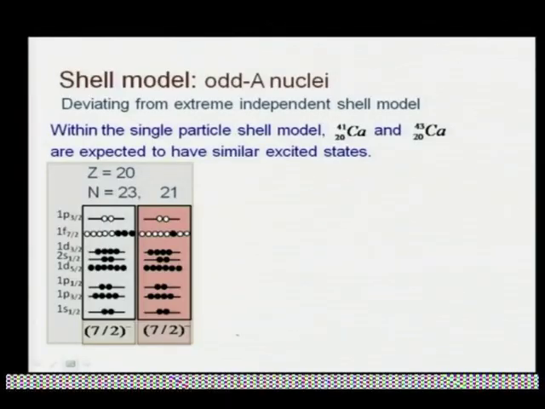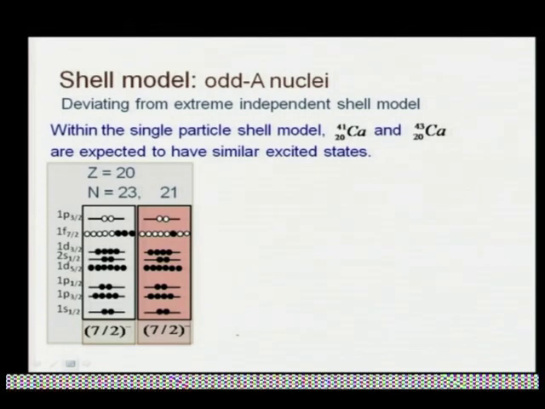So, in calcium 43 and 41, in each case there is one unpaired neutron in the 1f7/2, and we imagine that this is reflected in the spin parity assignments of its ground state, as well as at least the first few low lying excited states.